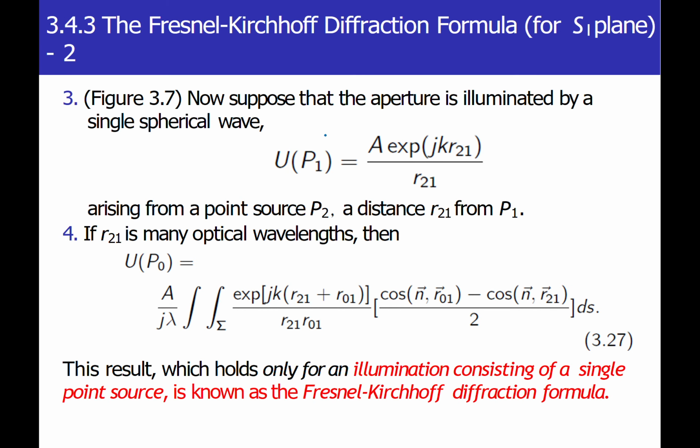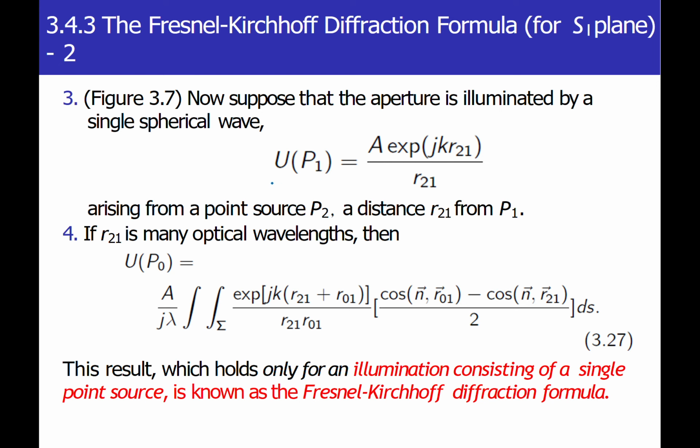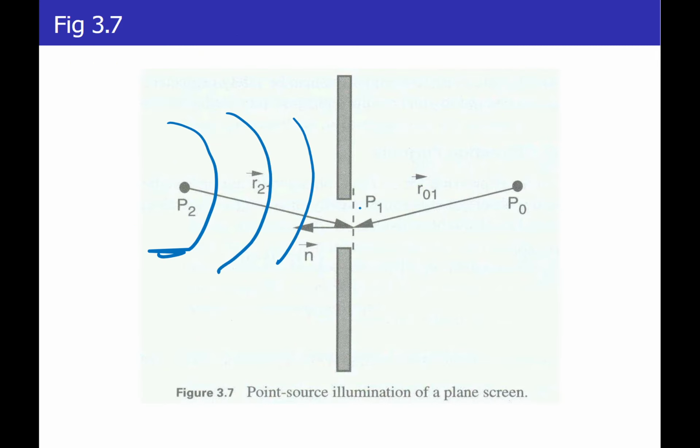So we further assume that our field is actually coming from a point-like source at P2. Okay, so U(P1) is then a single spherical wave like this. And this is what we know at this aperture plane, position P1.